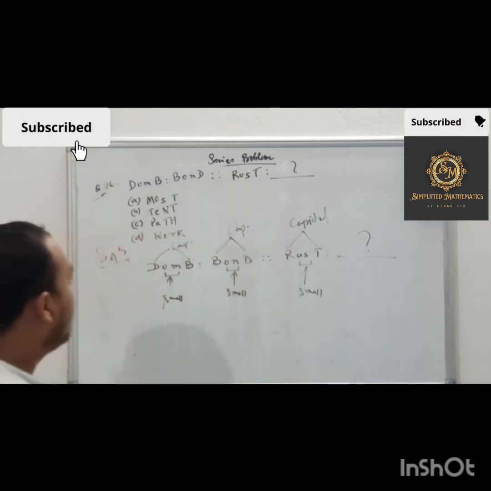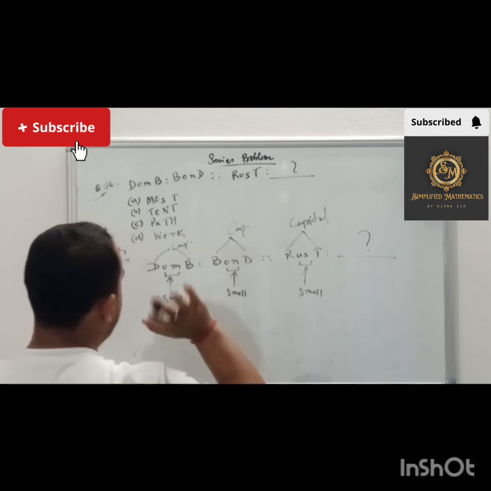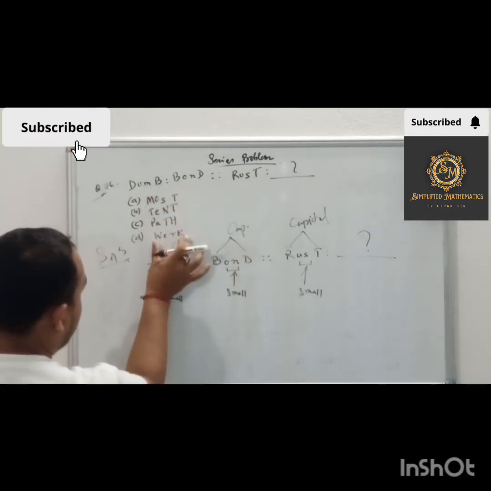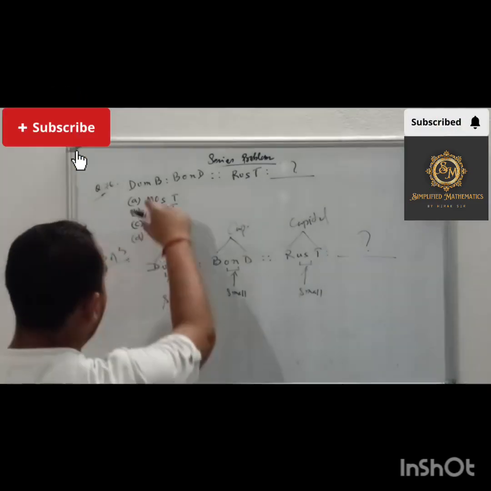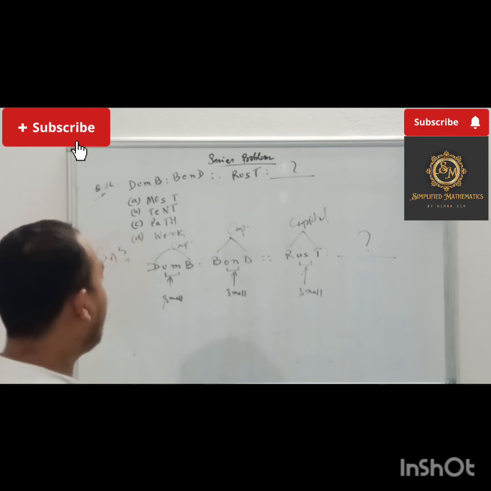Okay? Okay. So you see, in the first case, in all the options the first and last letters are capital letters. So every option is following this first property or capital property.